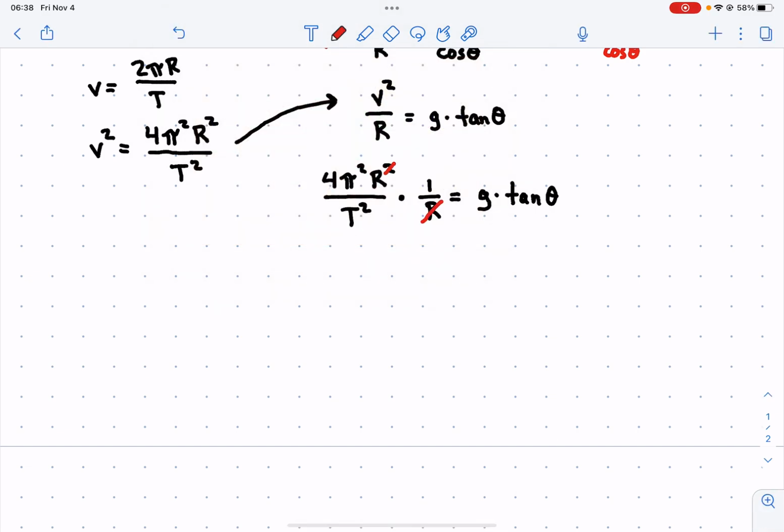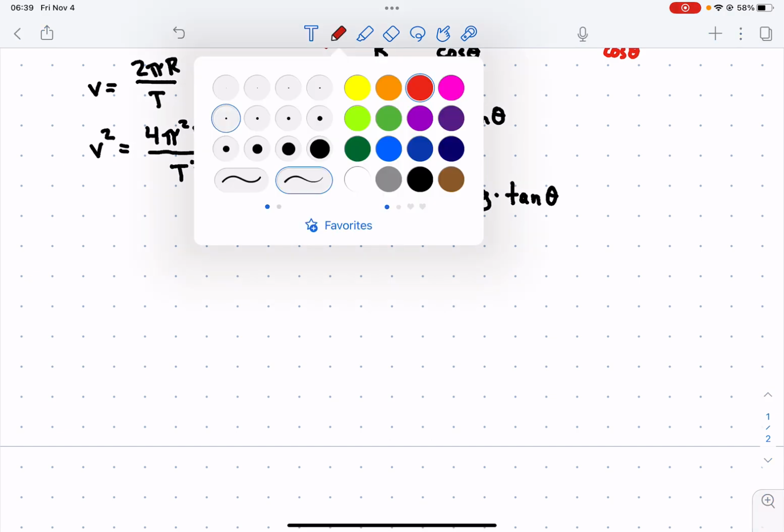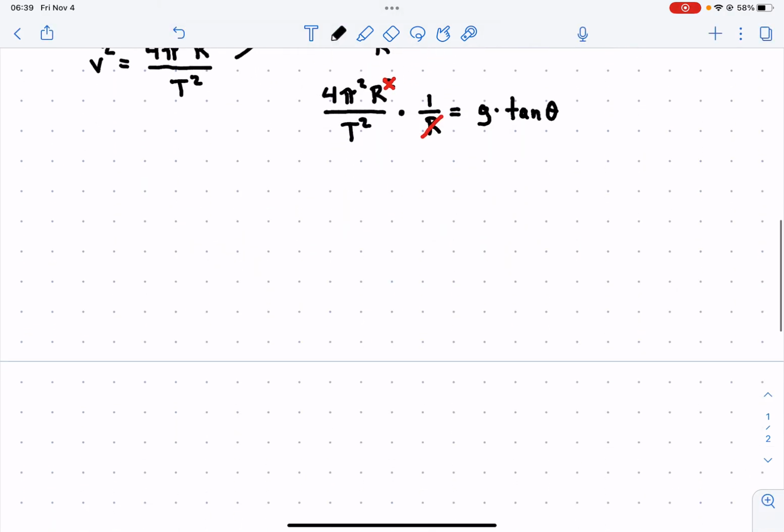R is going to cancel at least one of the terms. And so let's go ahead and rewrite our equation. So we're going to have 4 pi squared r divided by the period squared is equal to g times the tangent of theta.